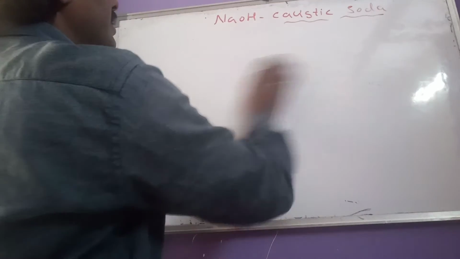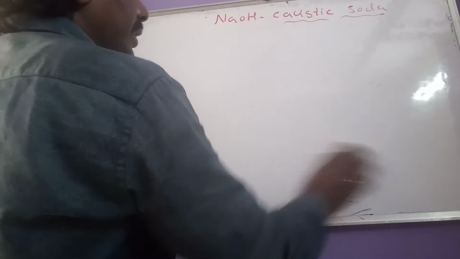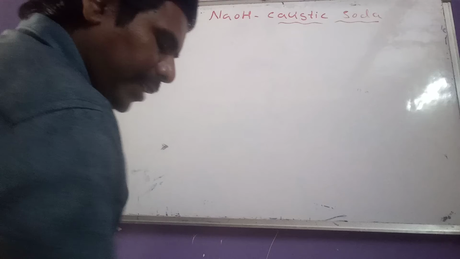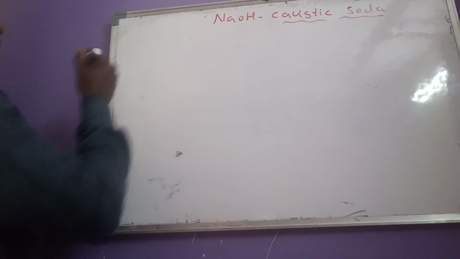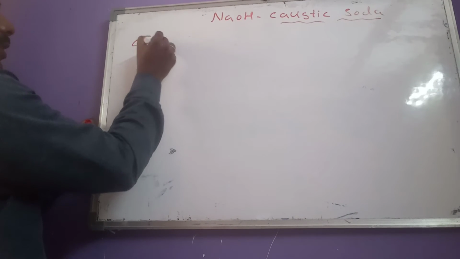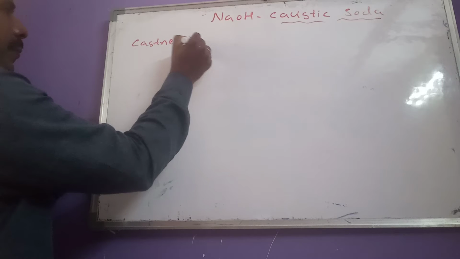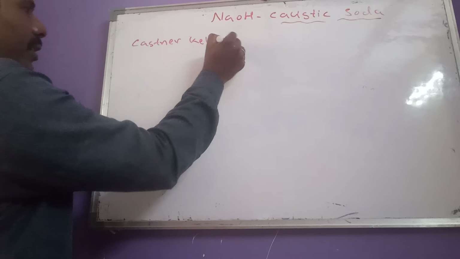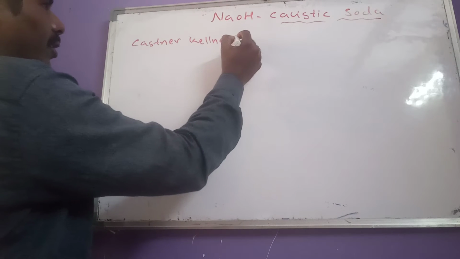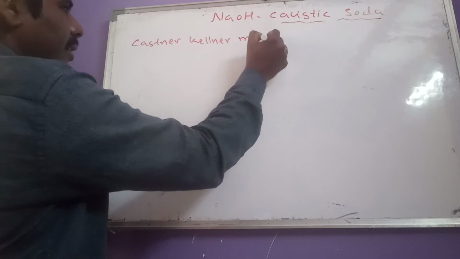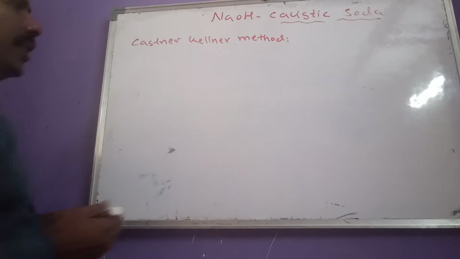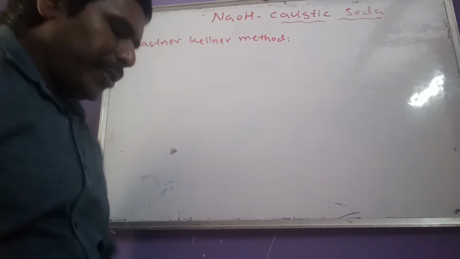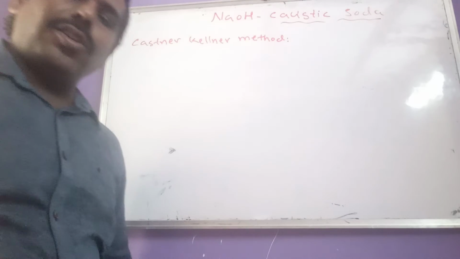Another method is also there, the Kastner Kellner method. This is another method to prepare sodium hydroxide. In the Kastner Kellner method, we need the description of the electrolytic cell.